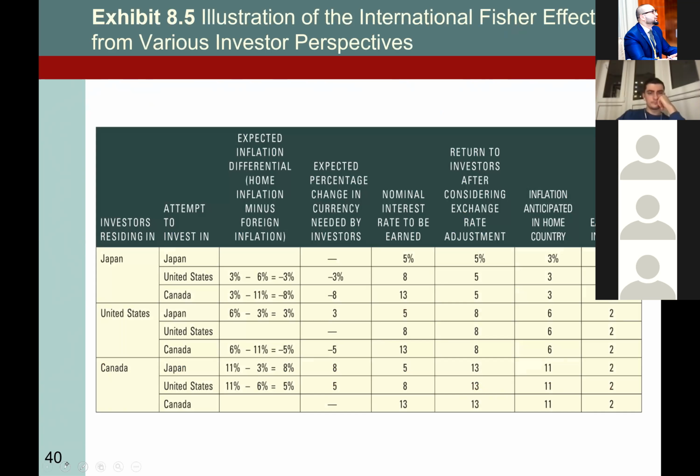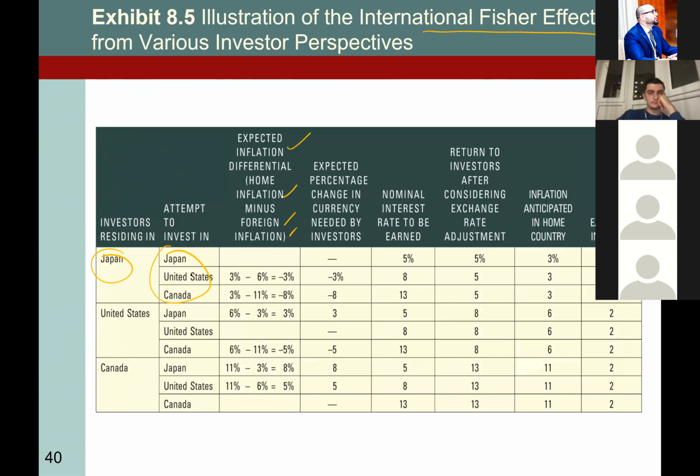So you see, we have the exhibit that shows the international Fisher effect from various investor perspectives. So we have here 3 countries, an investor in Japan. You see the expected inflation differential.